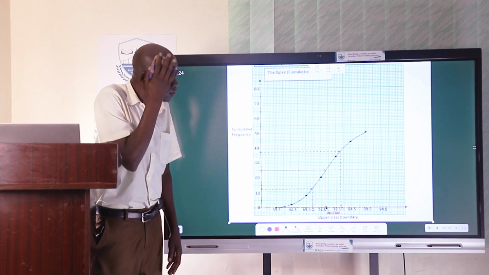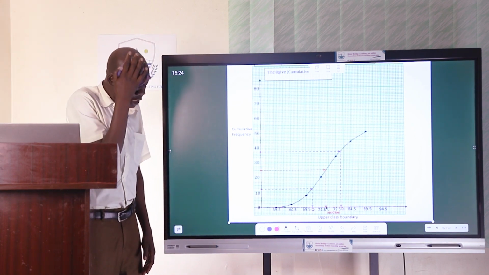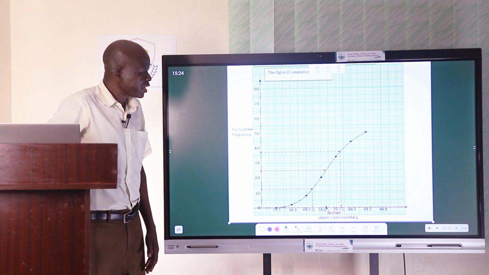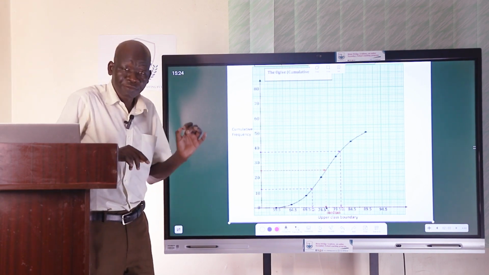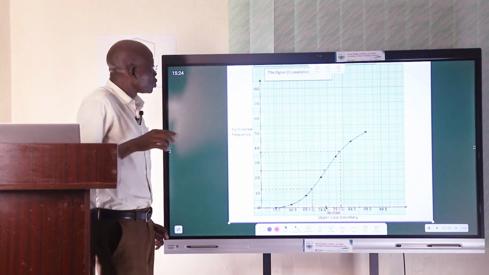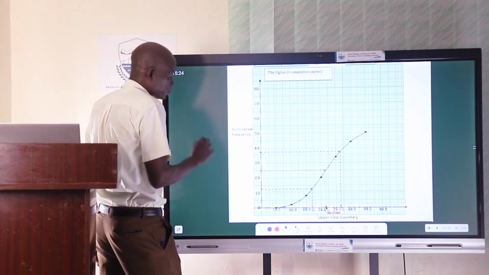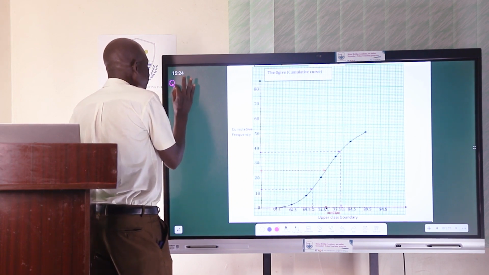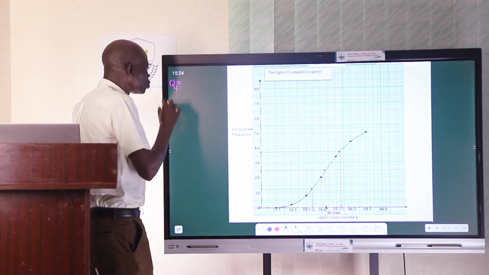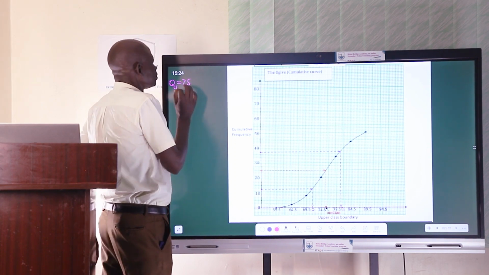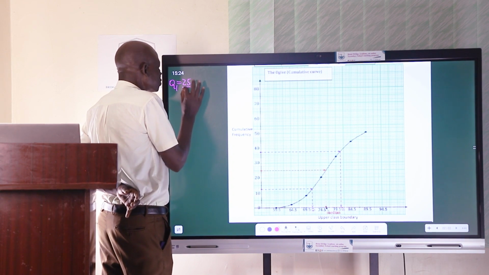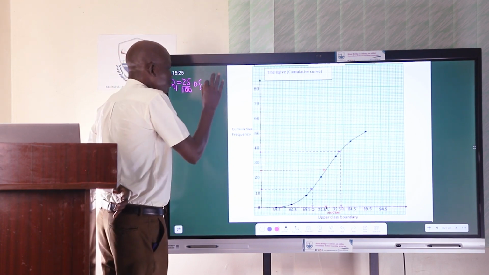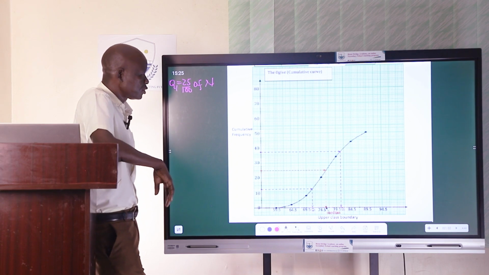Now, to find the lower quartile, from the definition of the lower quartile, we say that it is 25% of the total frequency values, the observations. So the lower quartile, which is Q1, is equal to 25%, which is 25 out of 100 of the total frequency values.